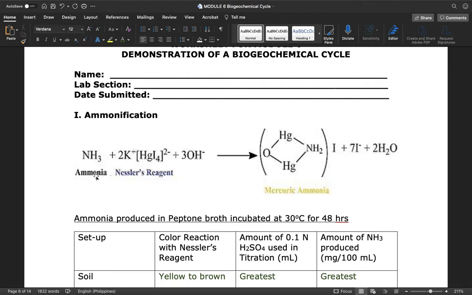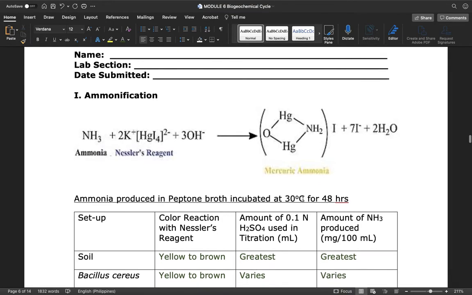So in the event that ammonia is present in your setup with Nessler's reagent, the colorimetric indication should be a yellow or brown colored chemical species. So that's mercuric ammonia. Okay, now let's take a look at the table of our different setups.